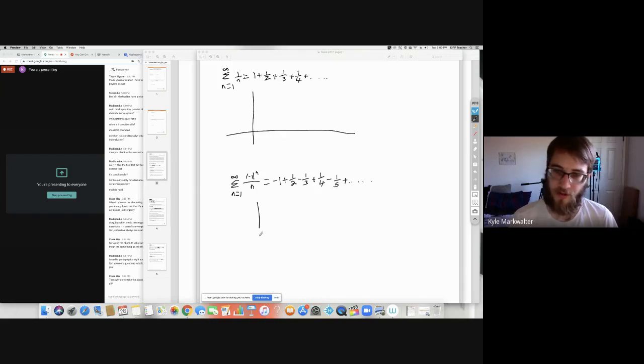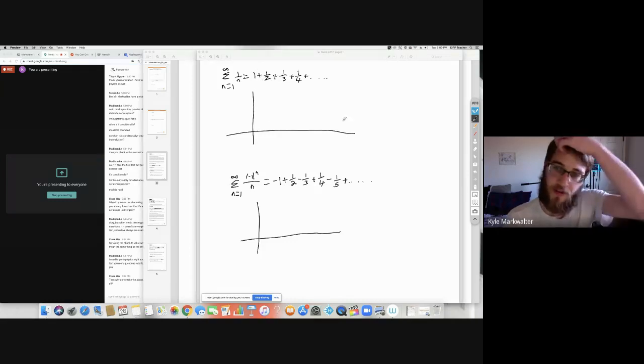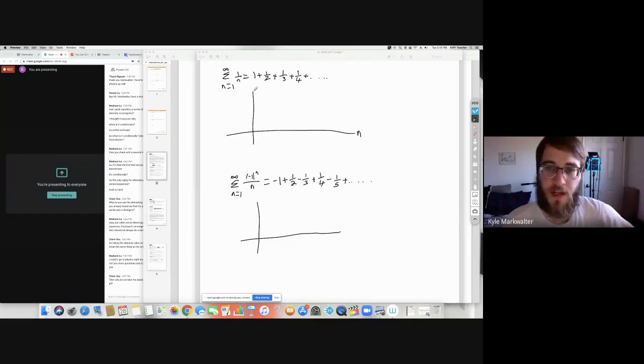Let's actually compare the graphs of each of these things. Hopefully this will indicate why we do care about the difference here. Now, if this is our n-axis, and this is the value, we can call this 1 over n. When n is 1, our first term was 1.